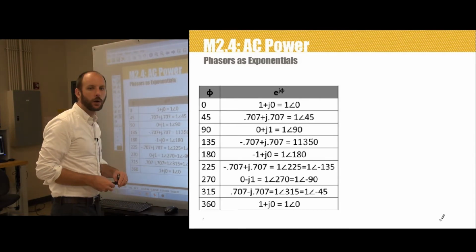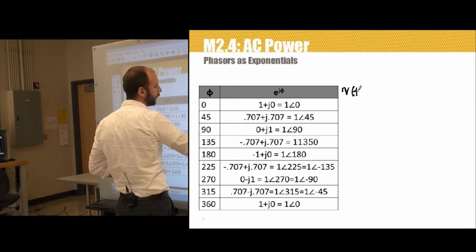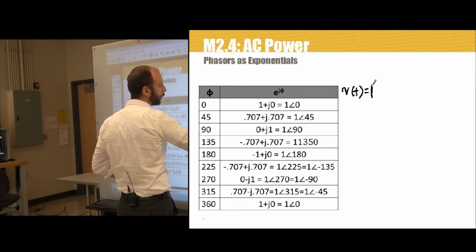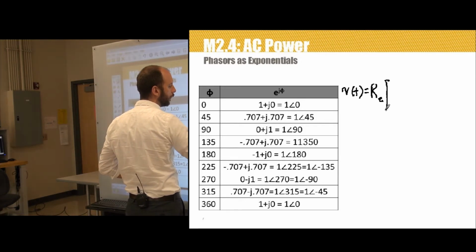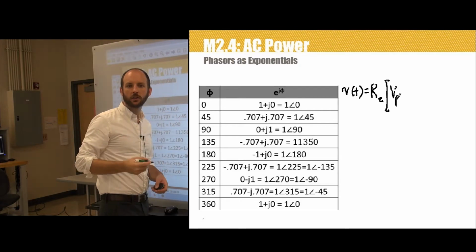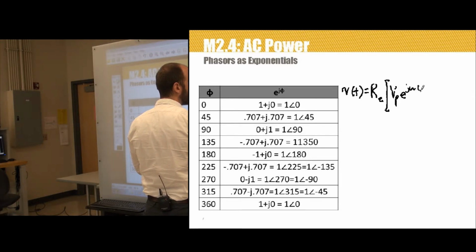I'm just going to clear the window. And the new math expression is V of t is going to be equal to the real part of the peak voltage e to the j omega t times e to the j phi.